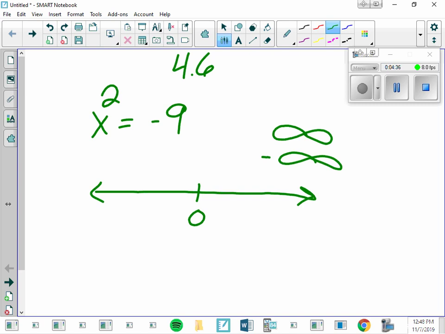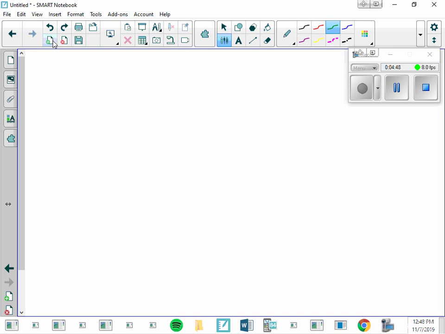Okay? So, I'm going to introduce you to some numbers that are not real numbers. So, the most basic non-real number is the square root of -1. And up until today, that number has not existed.